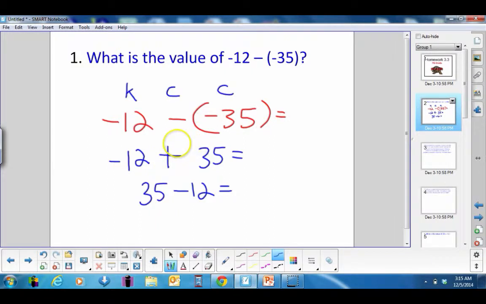Or if I went to a number line, I would go all the way over to negative 12, then I'd have to go all the way back to positive 35. So when I do this subtraction problem, 35 minus 12, I should get positive 23. And that's my answer for number one, positive 23. Let's go on.